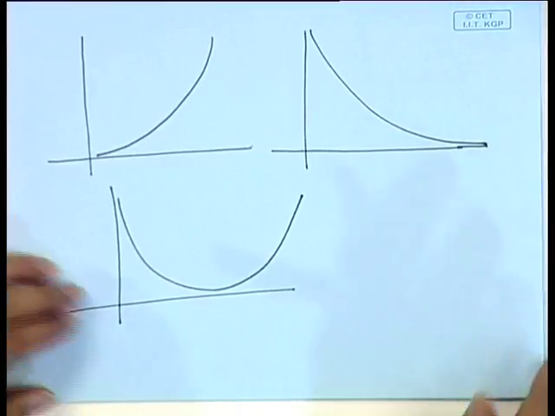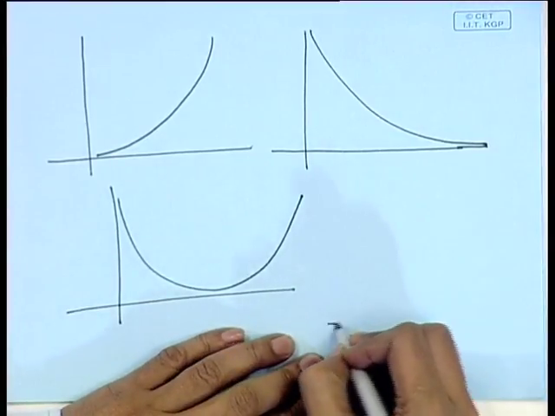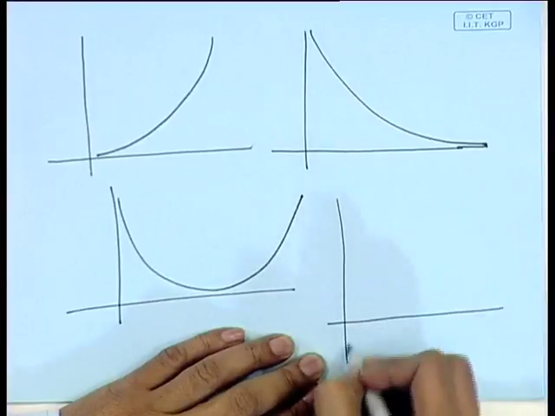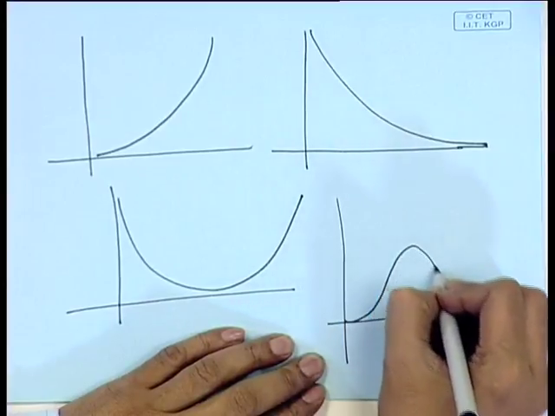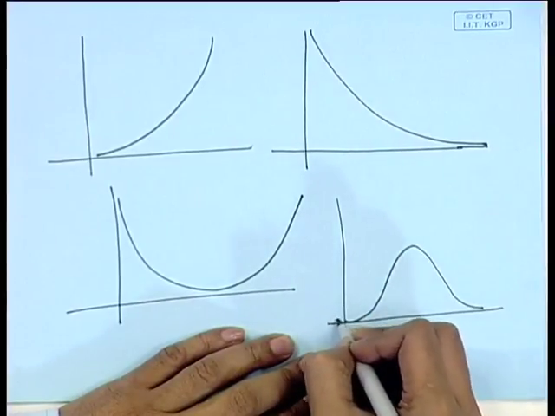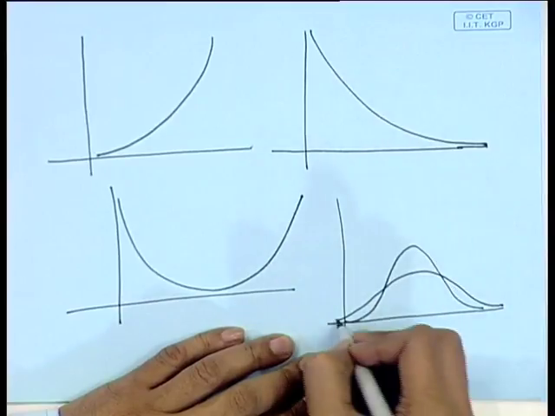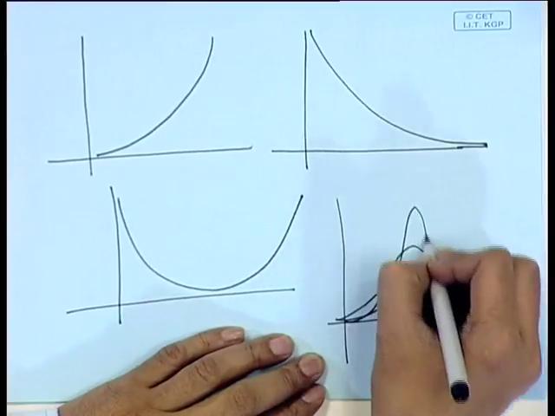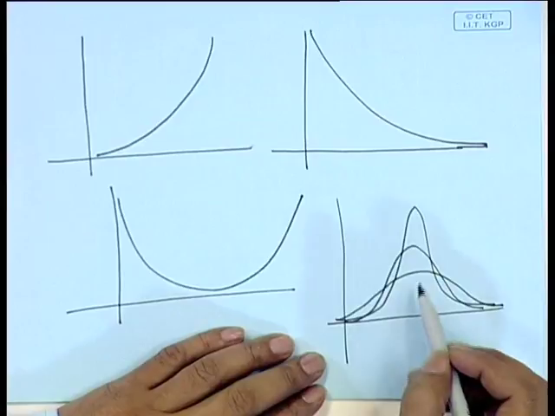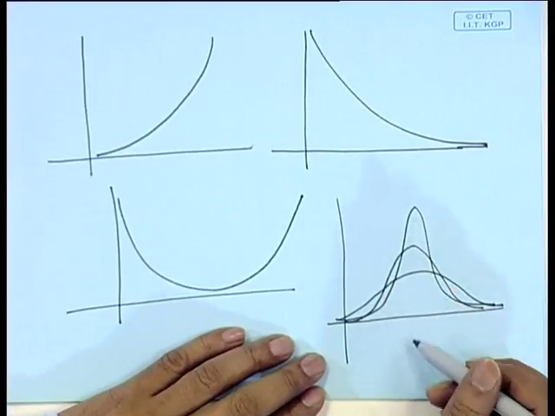So, you may also classify according to another characteristic, something like you may have a distribution of this nature, you may have a curve of this nature, you may have a curve of this nature. So, this tells about the concentration of the values.